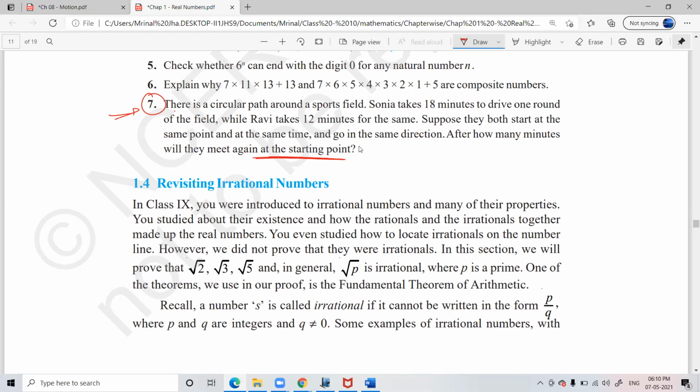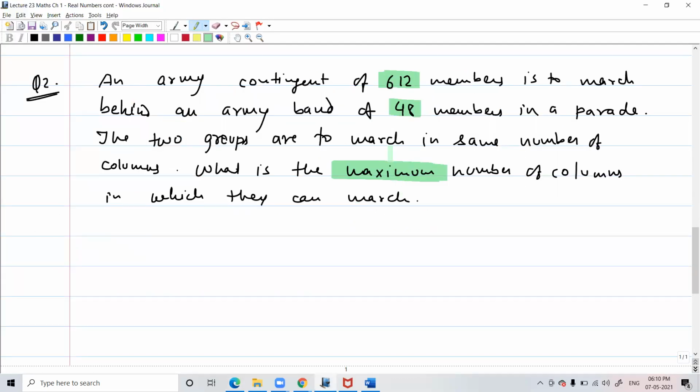Even the bells ringing, when is the next time they will ring together? They will ring together many times, but when is the first time they ring together or meet together after starting again? These kinds of situations, you do LCM.